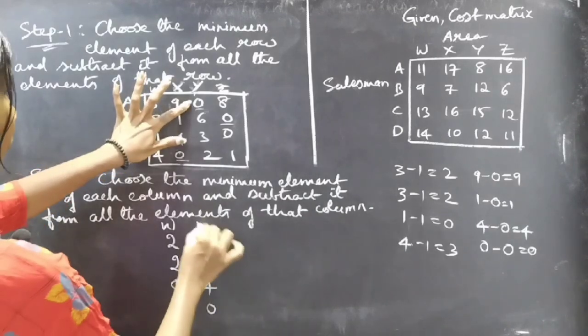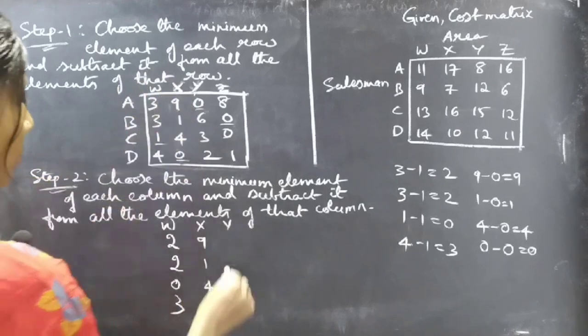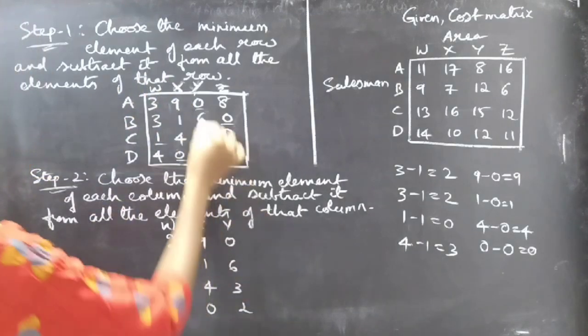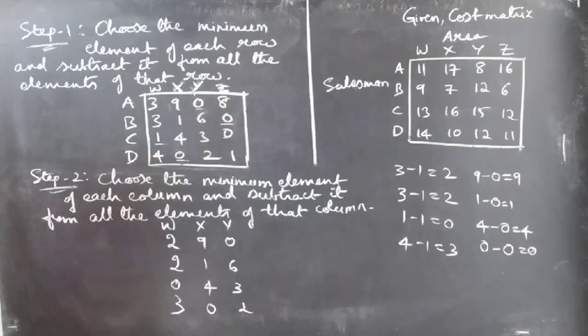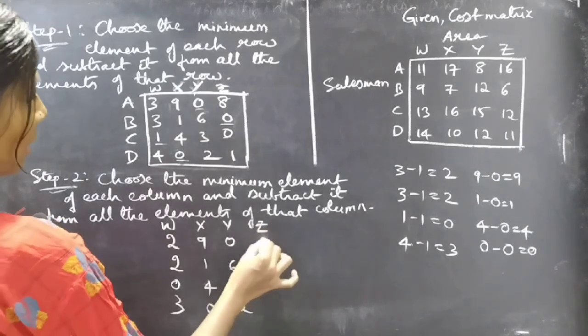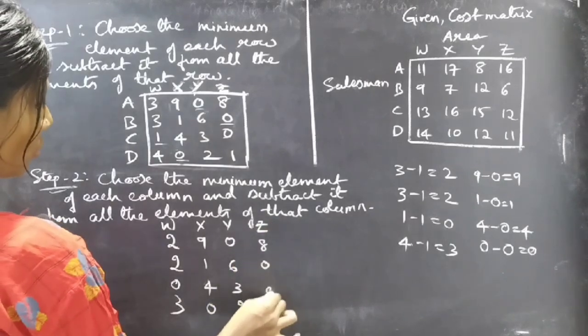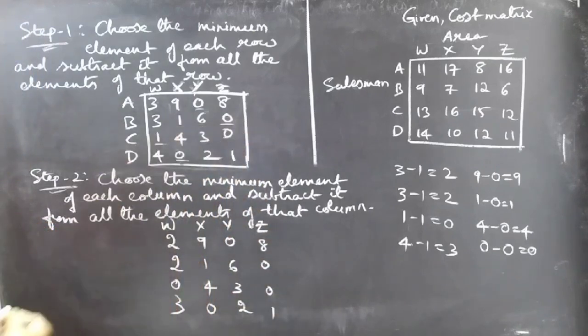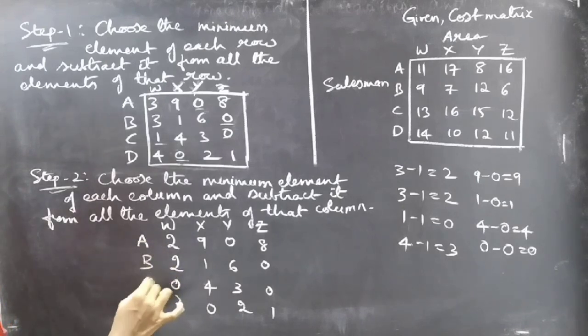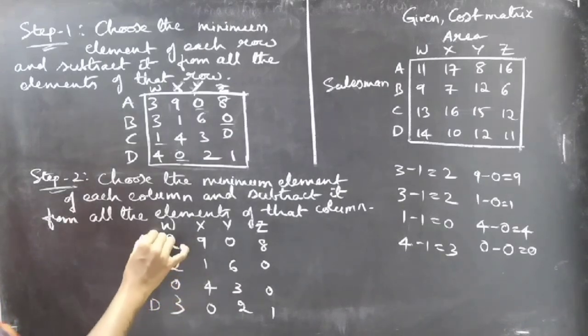So in Y, you'll get the same elements 0, 6, 3, 2, because 6 minus 0 is 6, 3 minus 0 is 3, 2 minus 0 is 2, right? Likewise, in Z, we'll get 8, 0, 0, 1, because we have 0 as the least element in column Z. So this is the reduced matrix.